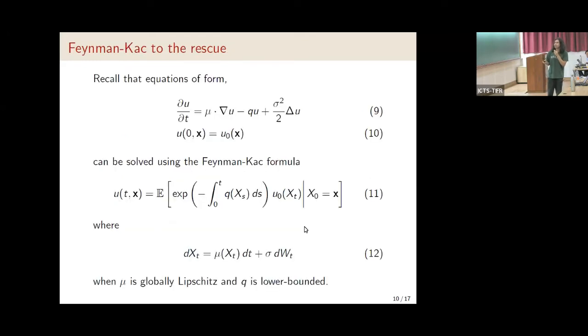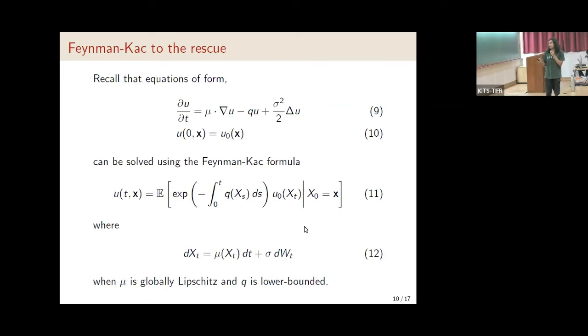But we can get around this problem using the Feynman-Kac formula. So recall that equations of form 9, which is partial u partial t equals mu dot grad u minus qu plus sigma squared by 2 Laplacian of u with an initial condition, can be solved using the Feynman-Kac formula given in 11, where u at time t at point x is the expected value of exponential of minus integral 0 to t q x_s ds times u naught x_t, starting from x_0 equals x.